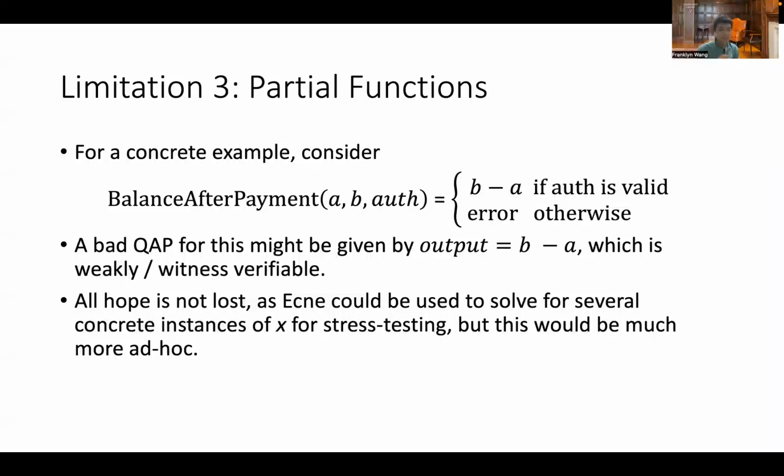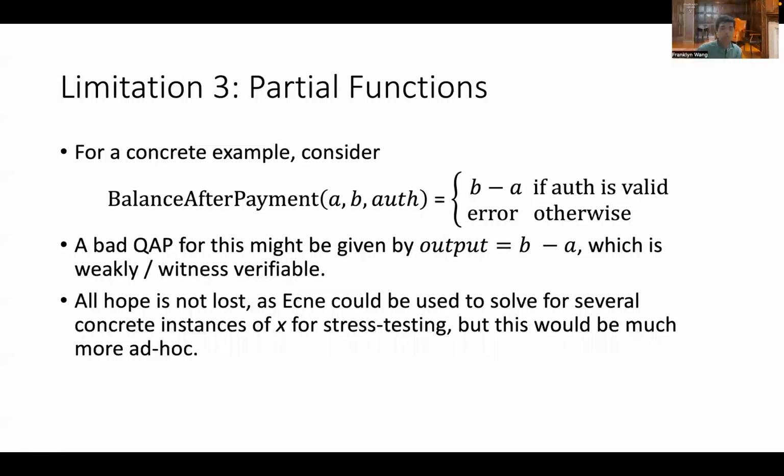In some sense, balance after payment is just subtracting two numbers, but it's also important that this authentication passes, right? So this is a partial function, and when the authentication is invalid, there's not supposed to be an output. And so witness satisfaction won't be true here.